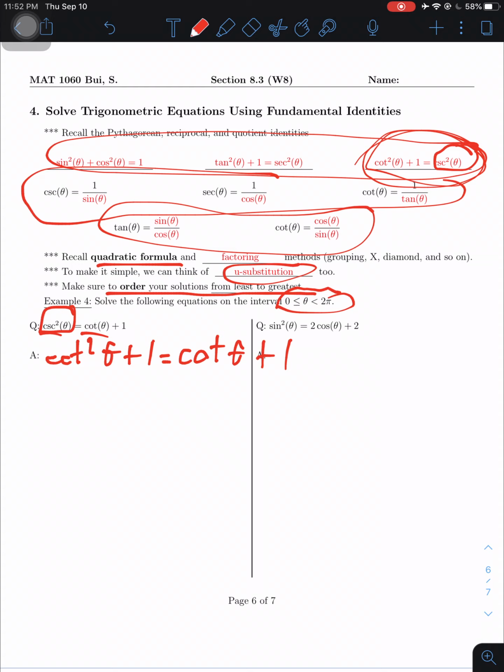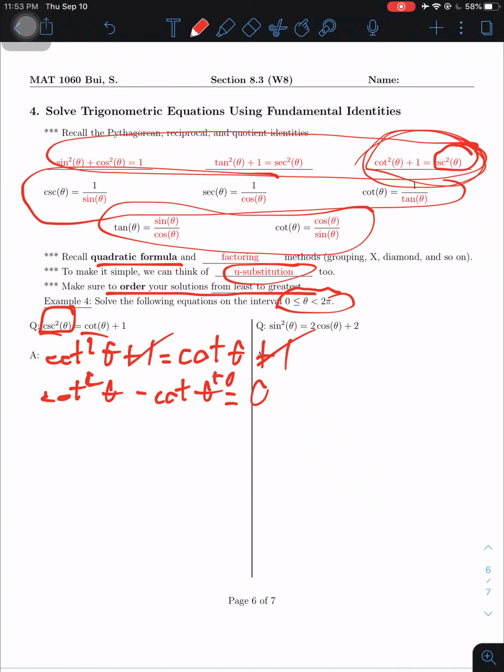Next step, I'm going to try to simplify them. So I'm going to subtract 1 from both sides. That means I'm going to lose this one and that one also. And I end up having just cotangent squared of theta minus cotangent theta, right? Because I'm trying to make a 0 in here so that I can use the X method. If you want to use the X method, you can do that. You can treat the last term like a 0.